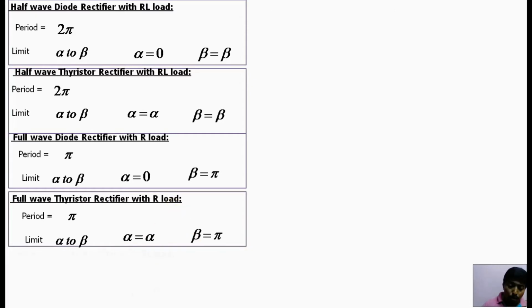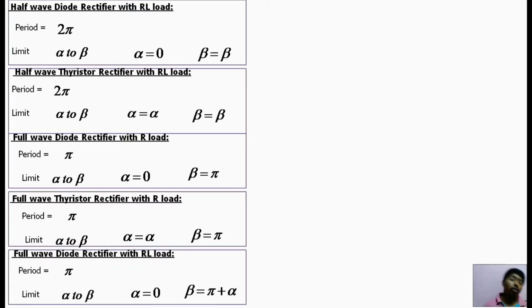Next, full wave diode rectifier with RL load. Full wave means period is equal to pi. Diode means alpha is equal to 0. For RL load, if it is a continuous conduction, beta is equal to pi plus alpha. If it is a discontinuous conduction, beta is equal to beta.